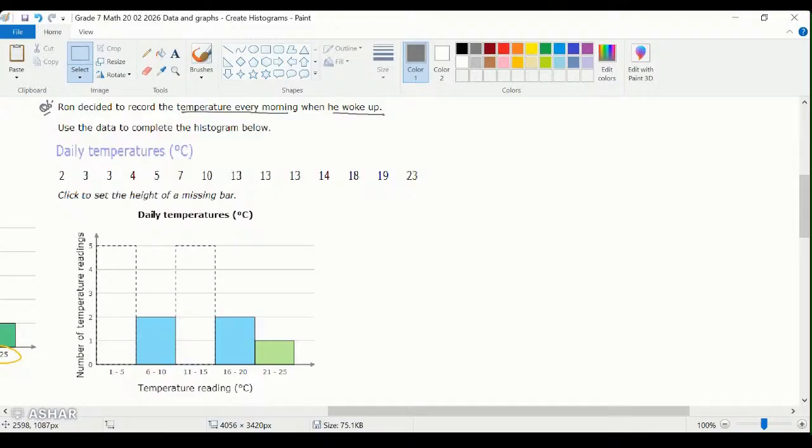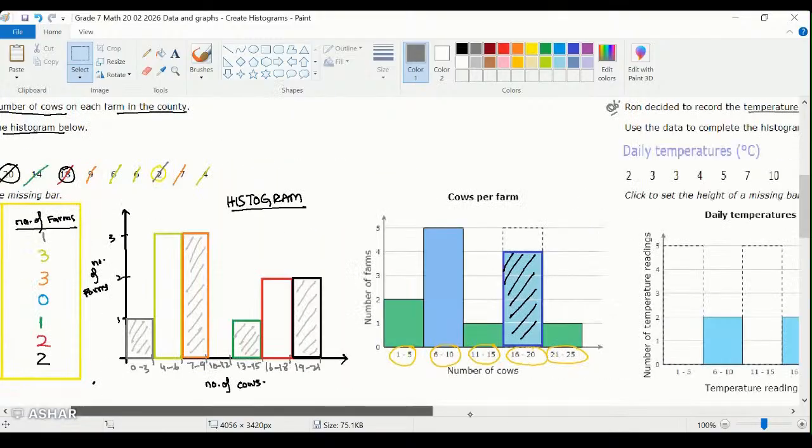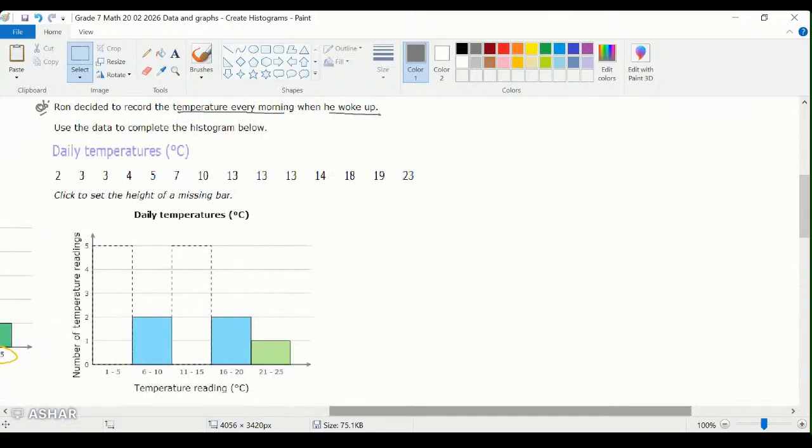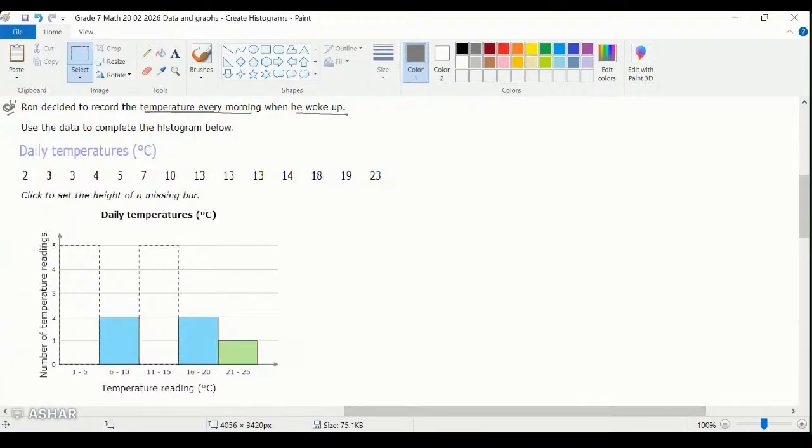Okay, let's confirm whether what they have done is correct or not, right? They are saying between 6 and 10 degrees, the temperature was recorded only on 2 days. Let's see. 1 and 2, right?